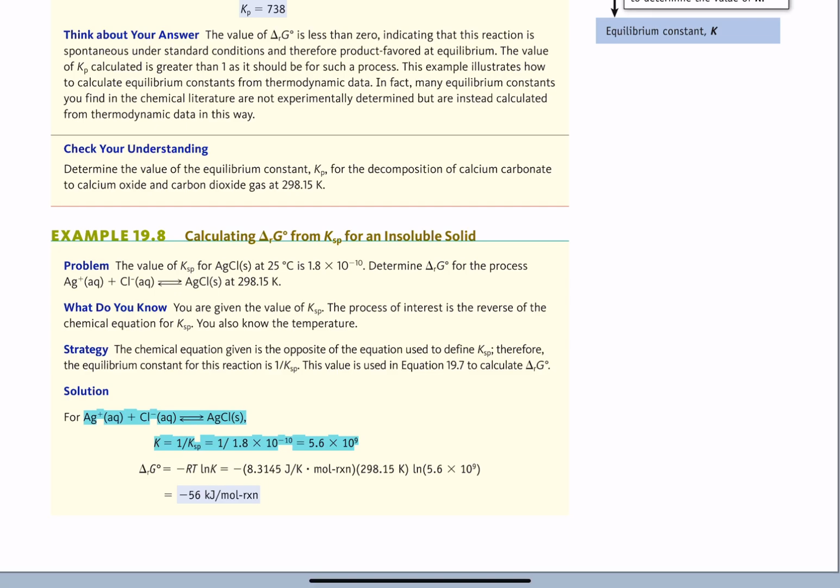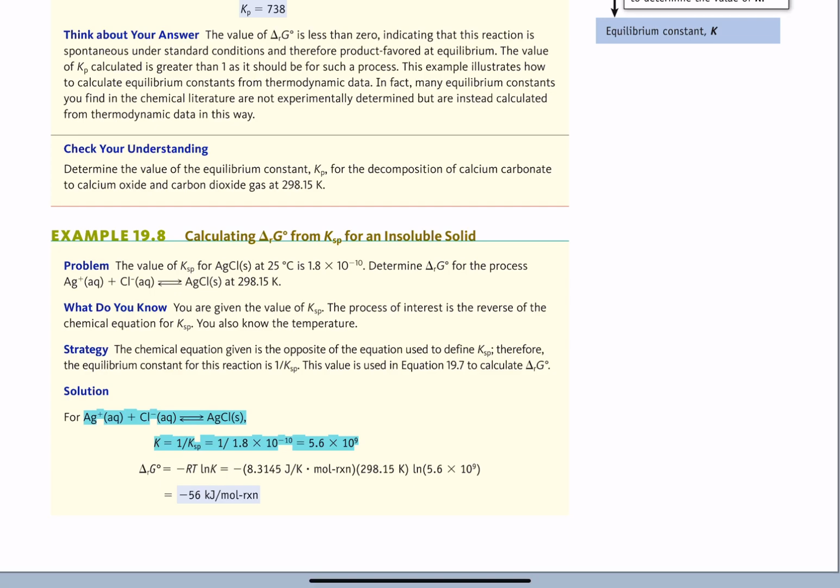When you have silver and chloride ions in solution, they most definitely will want to precipitate and form silver chloride, giving you a huge equilibrium constant of 5.6 billion. That's 10 to the 9th.